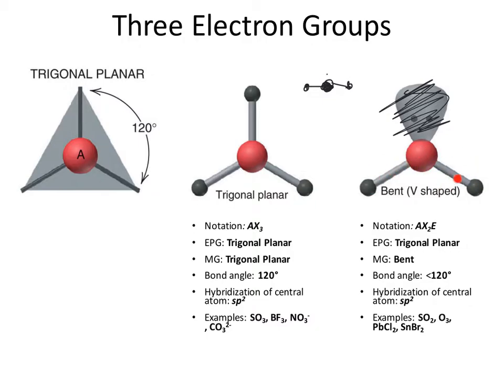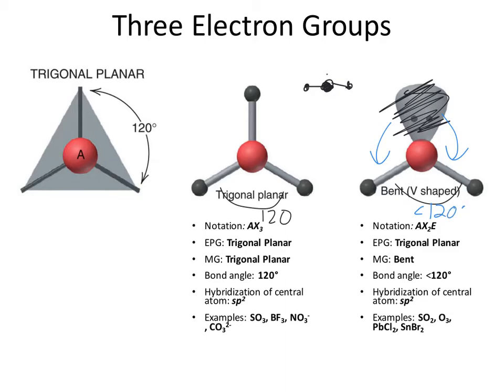So in this case, what we're going to have is a molecule that's called bent. Now, again, as we add this lone pair here, remember that the angle that was 120 degrees is actually going to get smaller because it's going to push these bonds down. So this angle will be less than 120 degrees.